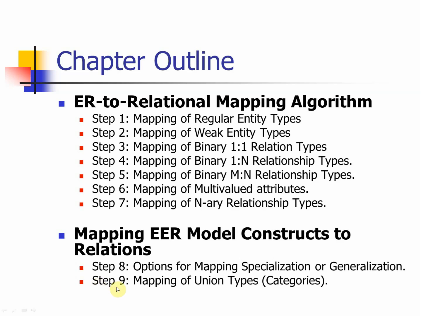And therefore, let us take a look at these things step by step and learn how we are going to convert an ER or EER diagram fully into the relational schema diagram.